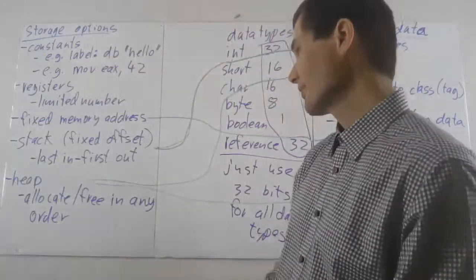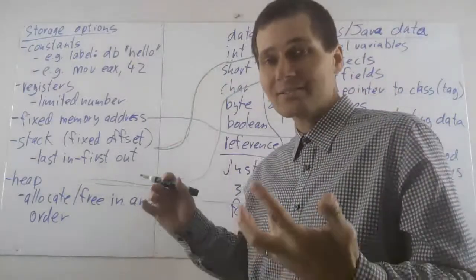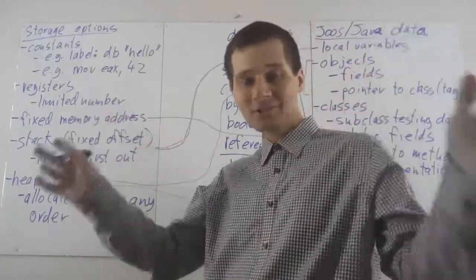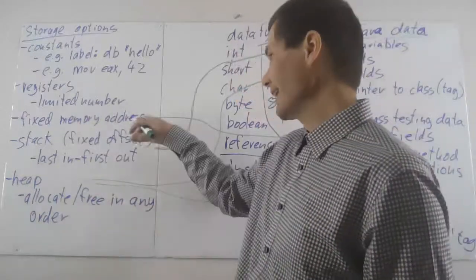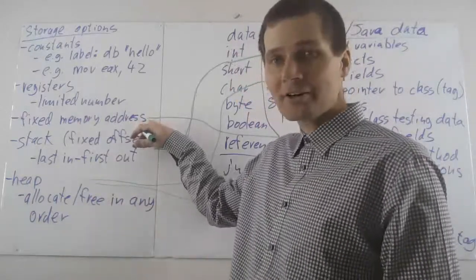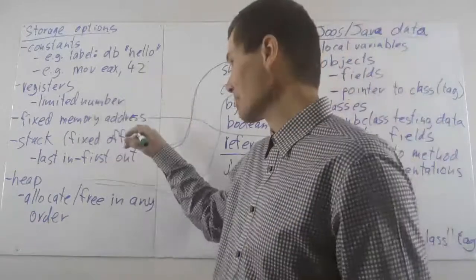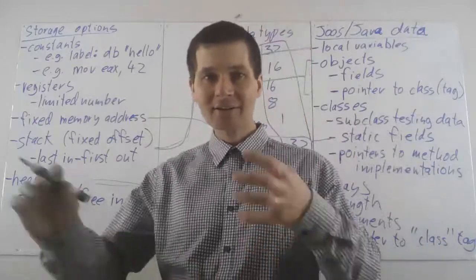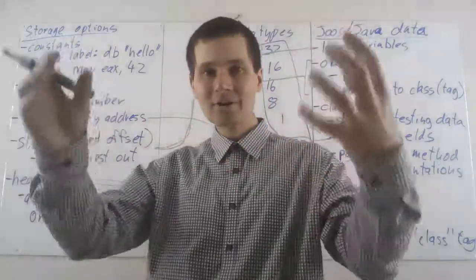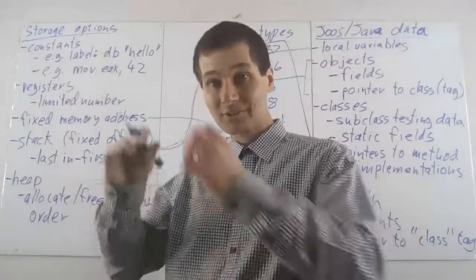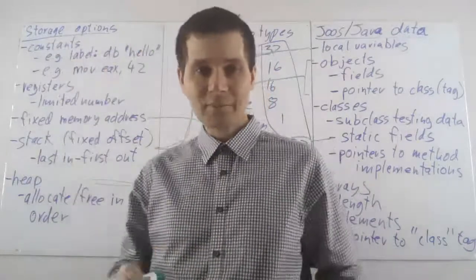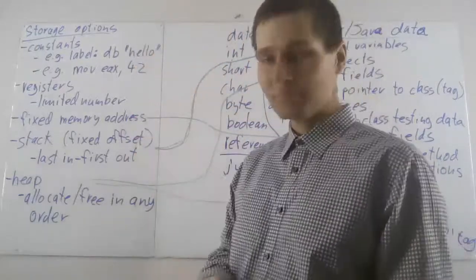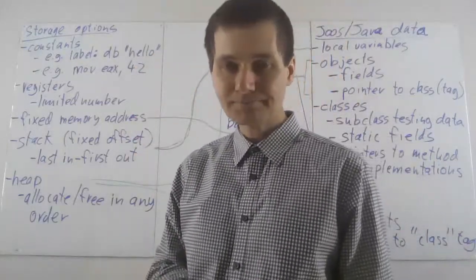So the simplest thing to do to implement those static fields is, for each static field, generate a label, and in your generated code, reserve a memory address for the value of each static field. And then you can really easily generate an access to a static field. It's just a read of a fixed memory location. Okay, so for static fields, the easiest thing: put them at fixed memory addresses.